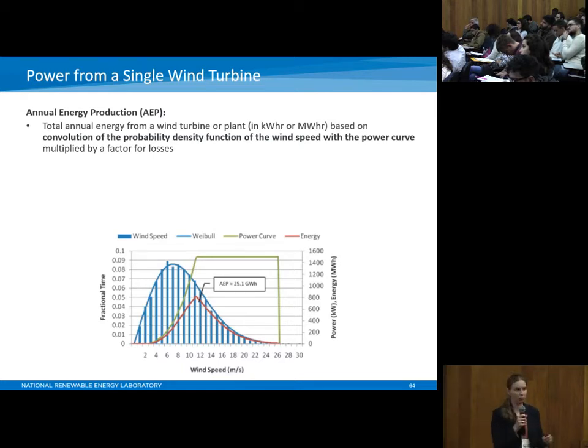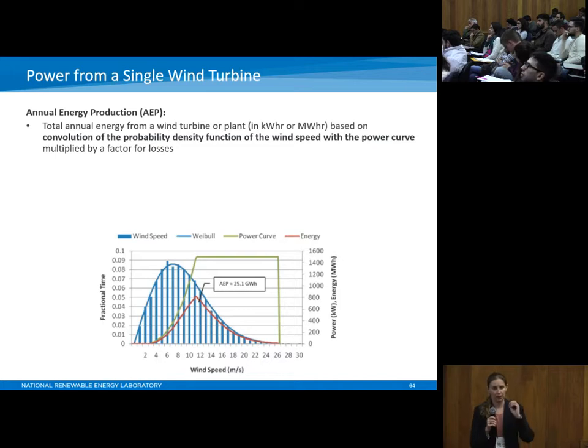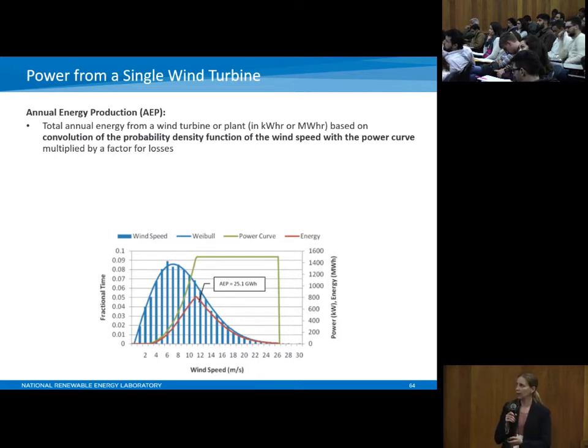If we just did the frequency distribution of the wind resource for the site, leaving out the direction dimension, then typically it looks something like a Rayleigh or a Weibull distribution, this blue curve here. And then we have our power curve here, and when you convolve those two together, you get the energy production at these different bins. And then you can add and integrate those up, and you get what your annual energy production will be for the turbine.